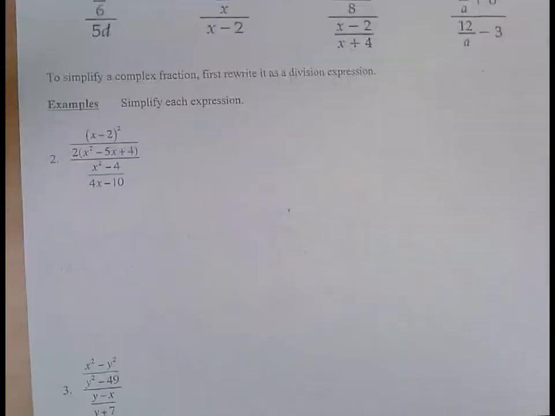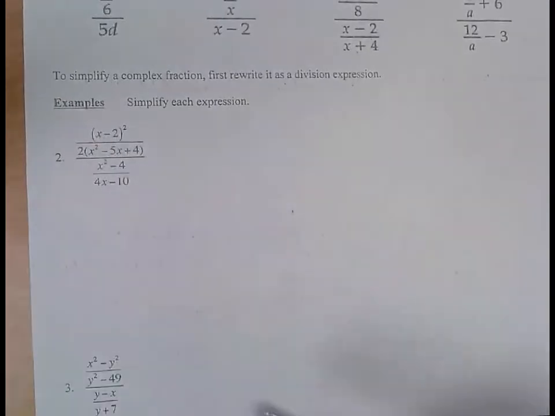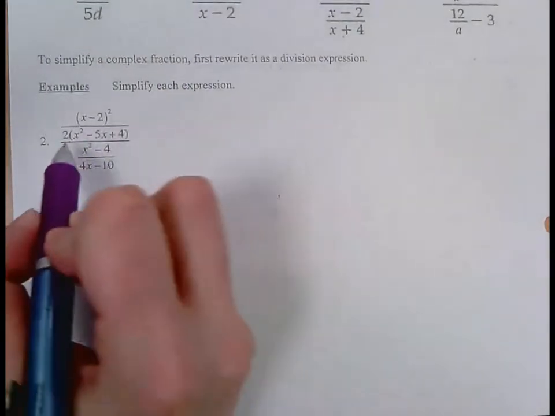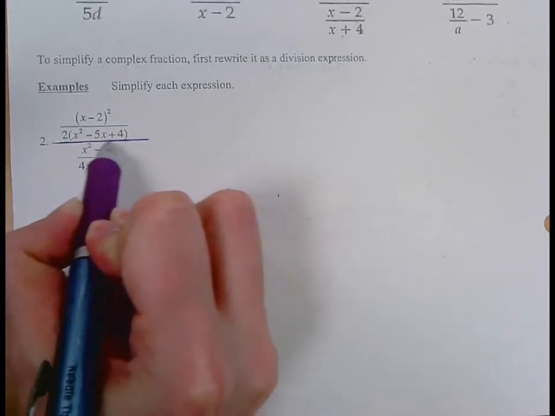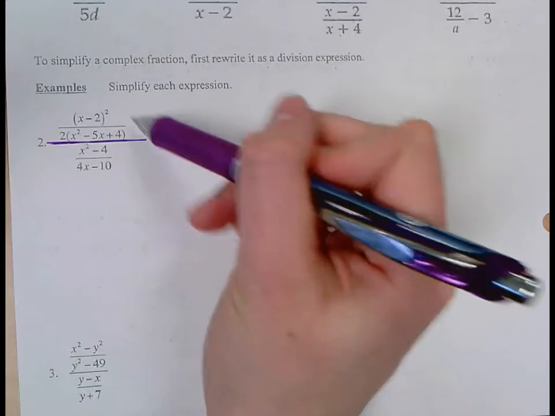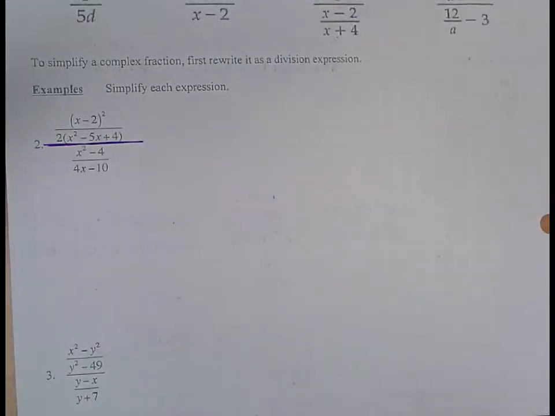So if we look at example 2, we have a complex fraction. This here is the fraction bar for the large fraction. We have a fraction on the top and the bottom of our overall fraction. So again, a fraction represents division. Rewrite this as a division problem.